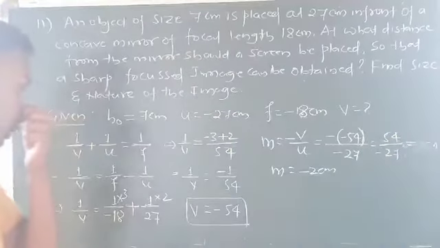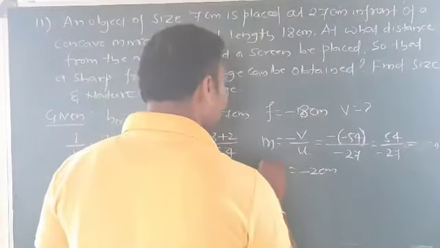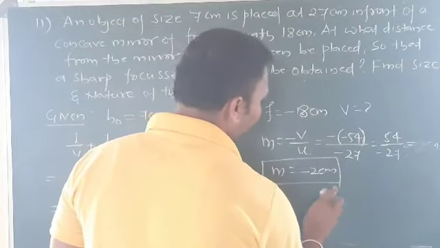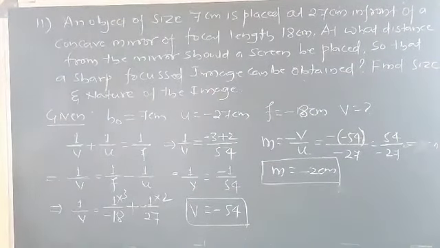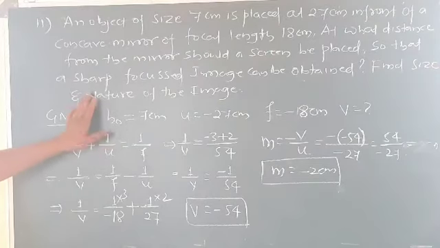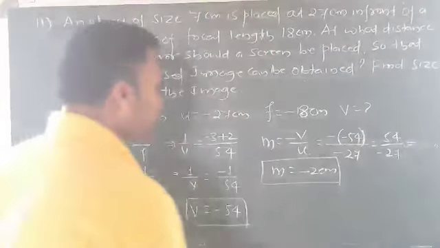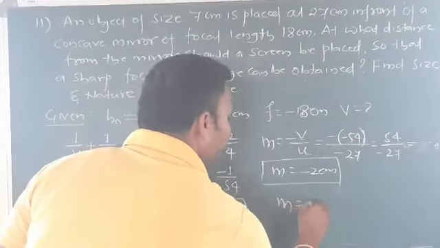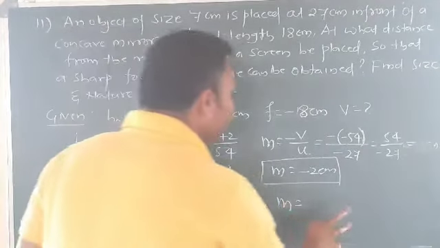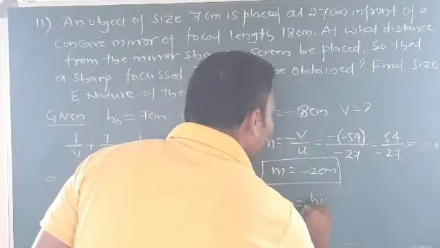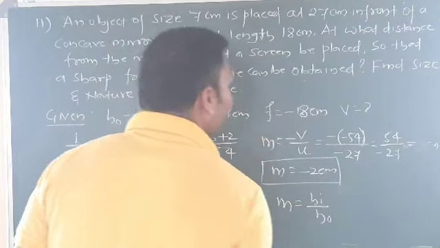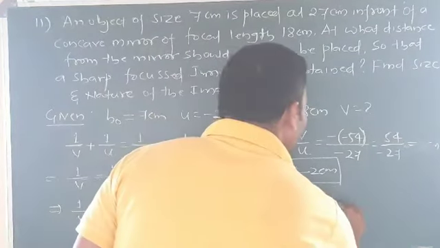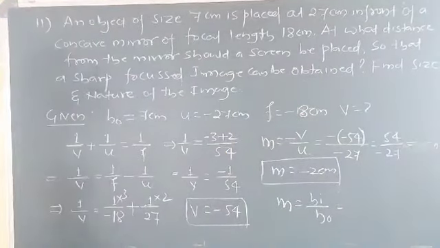Once you got m is equal to minus 2, now we need to calculate the next one. So m is equal to h I by h o.